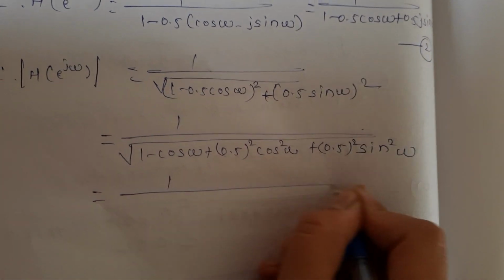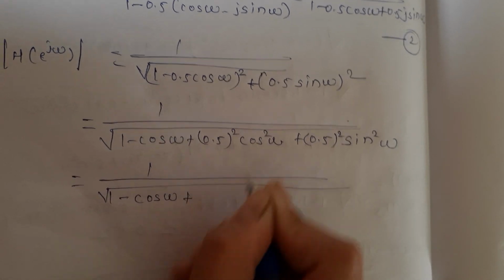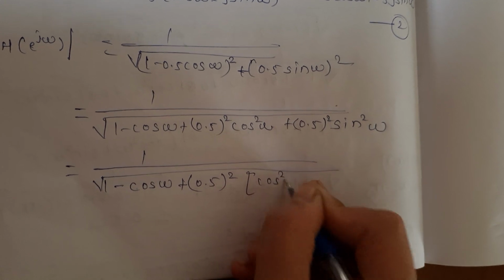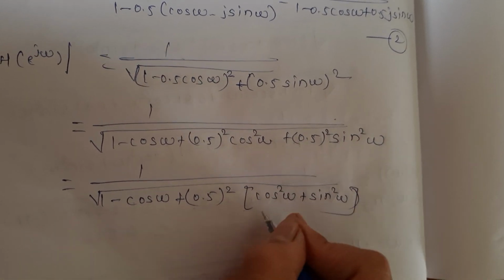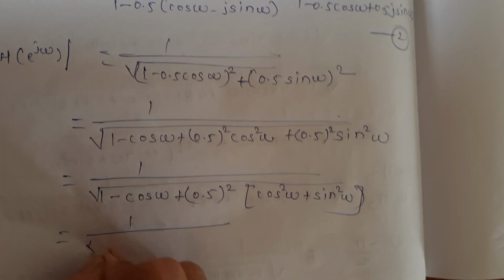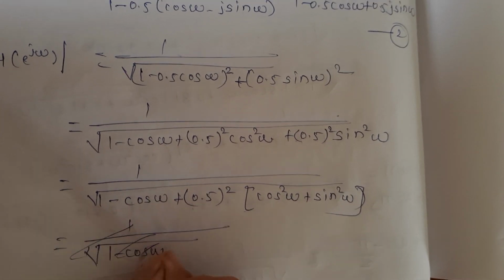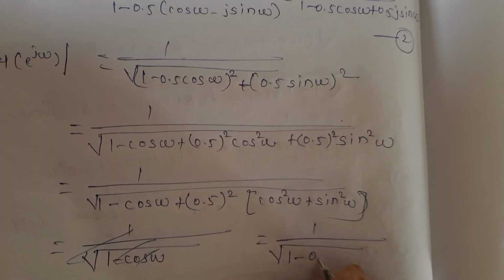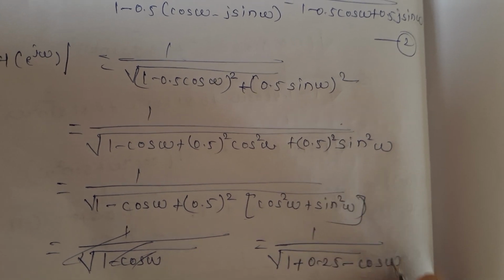So 0.5 square is common, taken outside, in bracket it is cos square omega plus sin square omega. So this value is 1. So it is 1 divided by square root of 1 plus 0.25 minus cos of omega. This is equation 3.